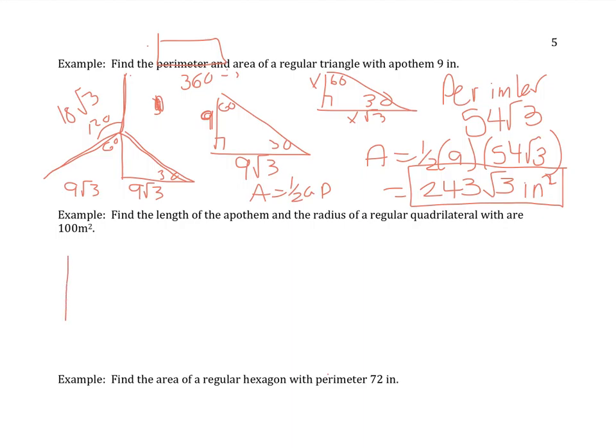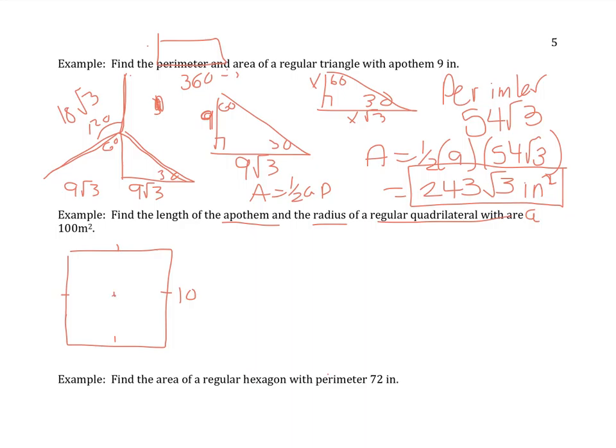Next example, find the length of the apothem and the radius of a regular quadrilateral with, this is supposed to say area, 100. So if the area of this regular quadrilateral, which means a square, is 100, then each side is 10.